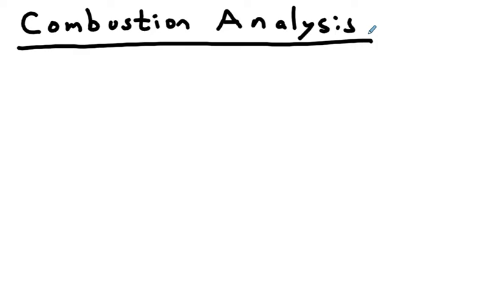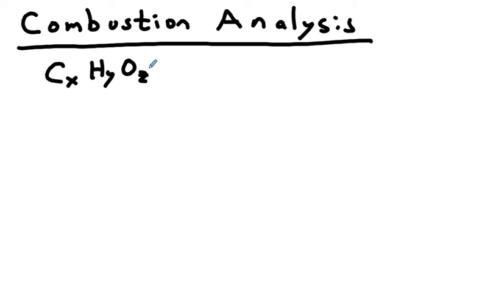So let's imagine we have a compound and we're given that all it contains are carbon and hydrogen and oxygen. So we don't know what those subscripts are, but our job is to find out. We burn it in such a way that it's the limiting reactant, and the oxygen is in excess.